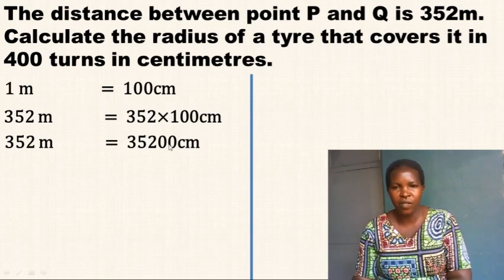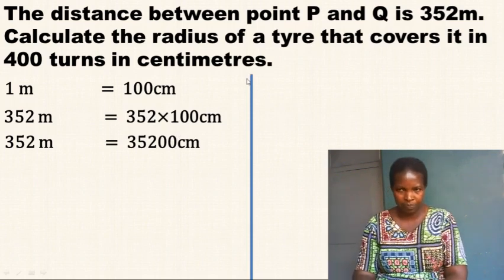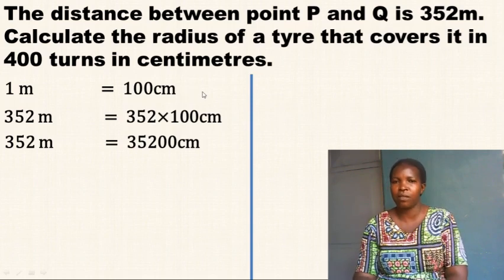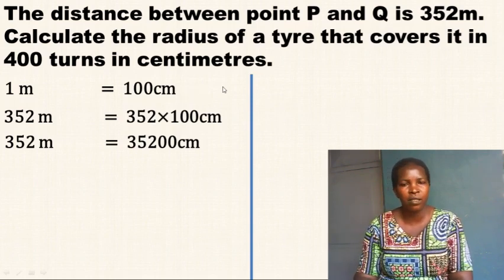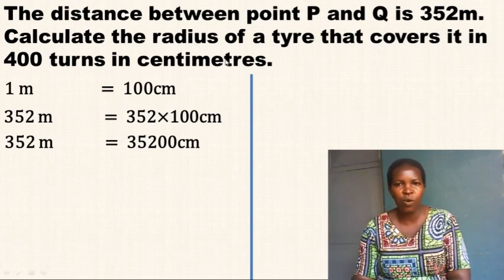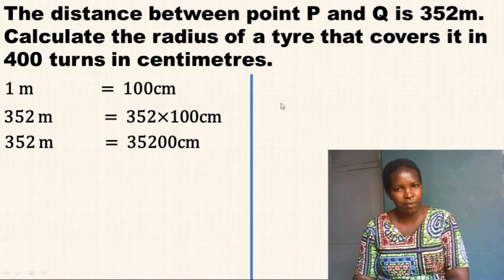Now the 35,200 centimeters is the distance between point P and Q, but in centimeters. And we all know the reason why we've converted this distance into centimeters. The reason is because they want us to calculate the radius in centimeters. That's why we converted the distance from meters to centimeters.